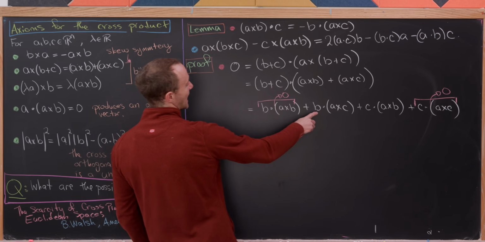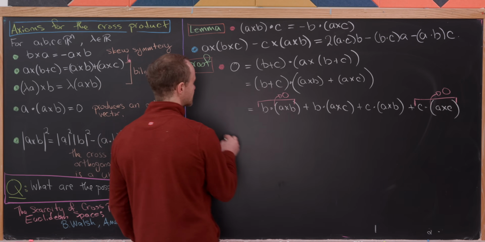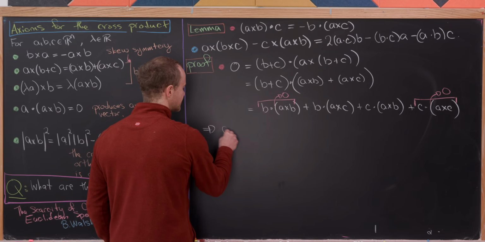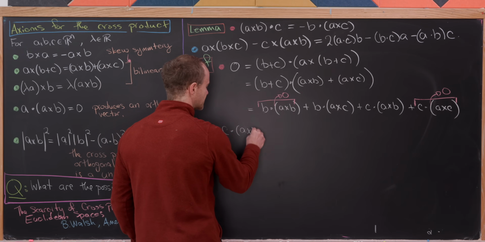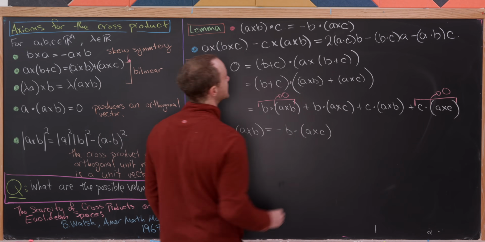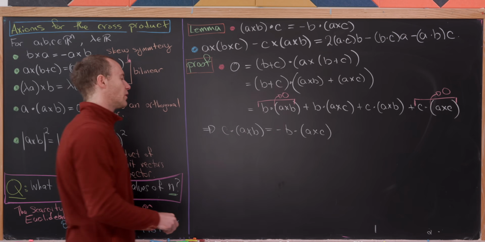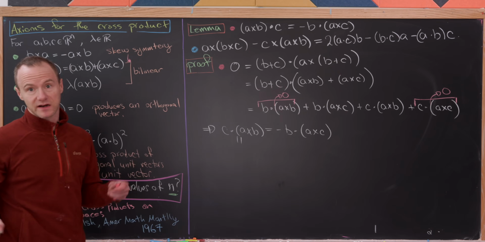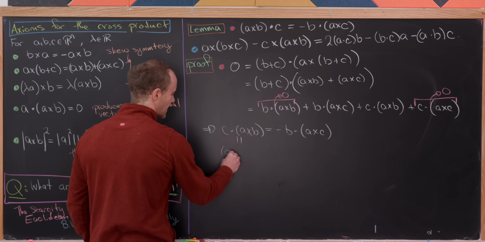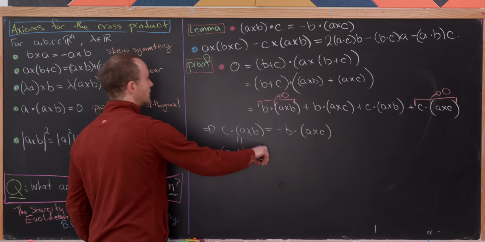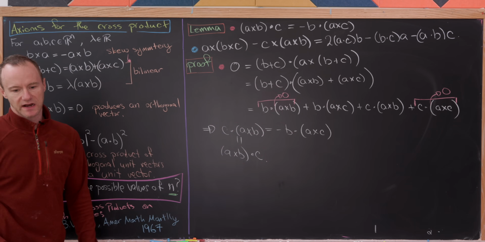We can subtract this B dot A cross C from both sides of the equation, and we'll have C dot A cross B is equal to negative B dot A cross C. That's almost exactly what we have up here, but we can use the fact that the dot product is commutative to switch this around to A cross B dot C, and then we have this first red dotted rule.